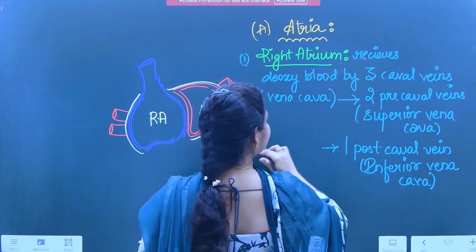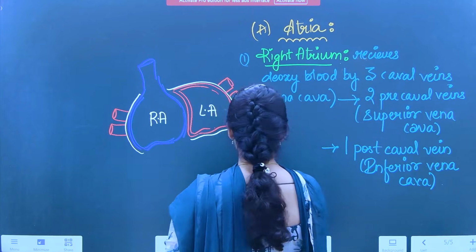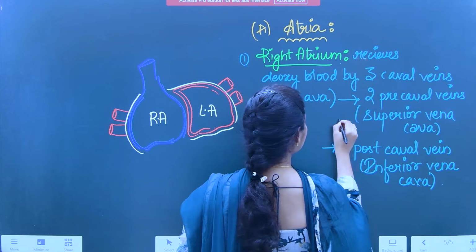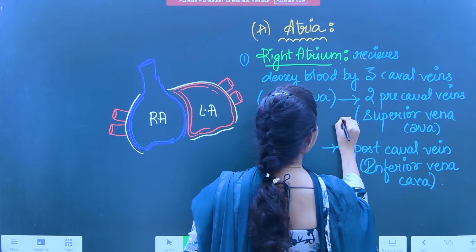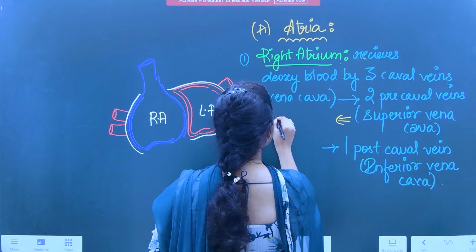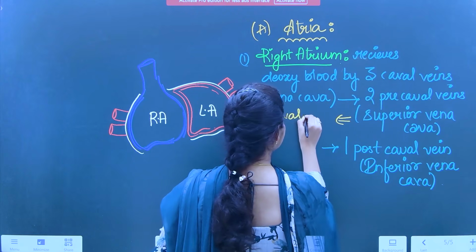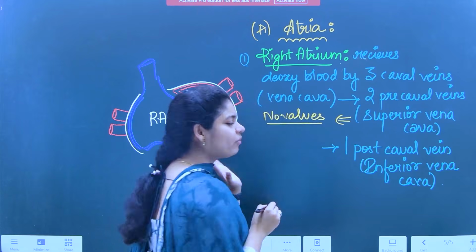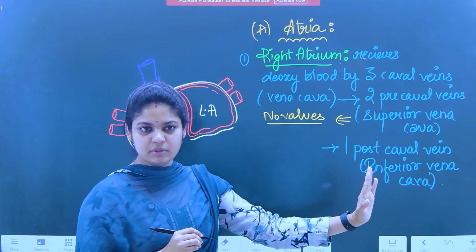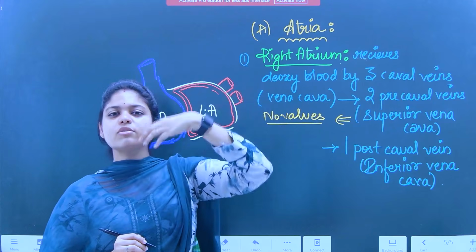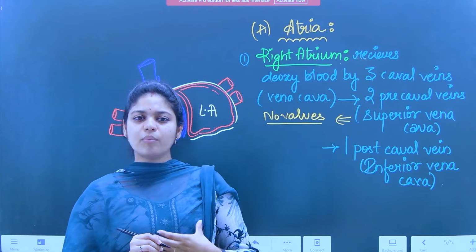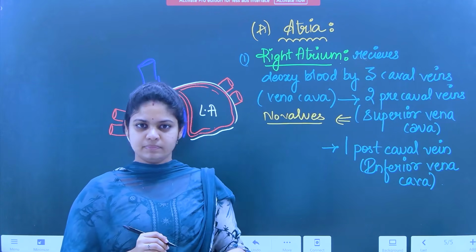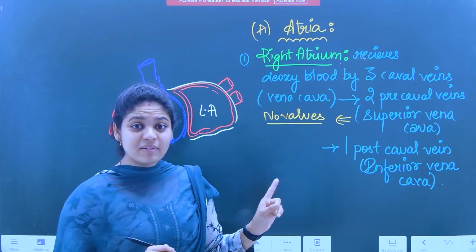Now, this right atrium has two precaval veins and one postcaval vein, no? The superior vena cava does not have any valves. What are valves doing? They prevent the backflow of the blood. For the superior vena cava, because of gravity from above, obviously the blood will reach the heart. Understood? So it does not have any valves.